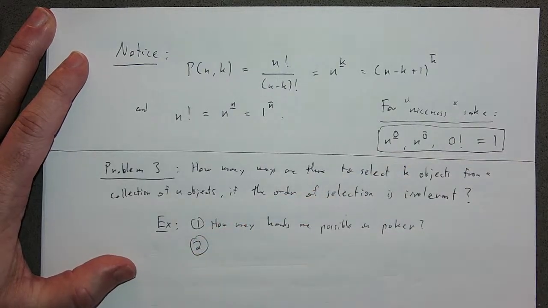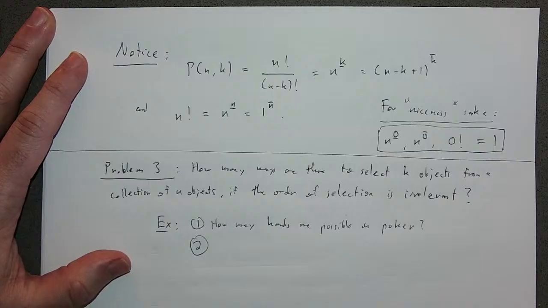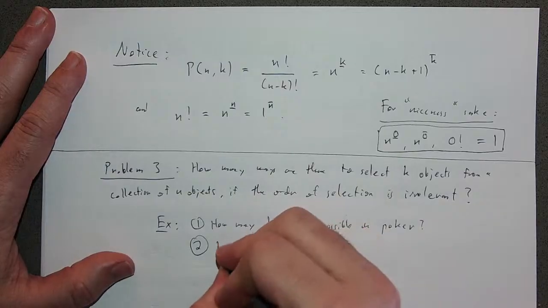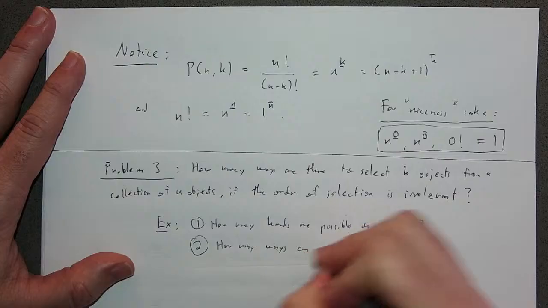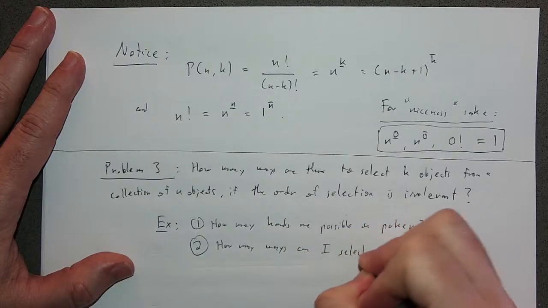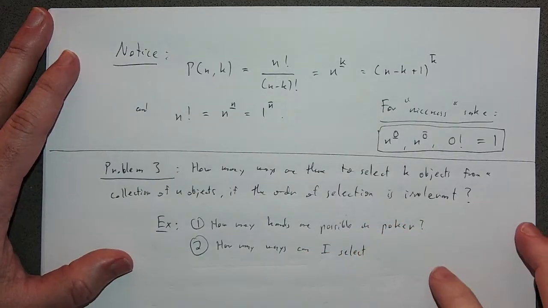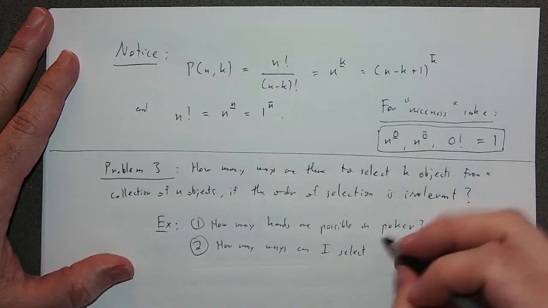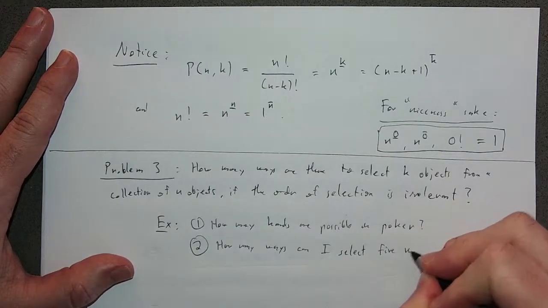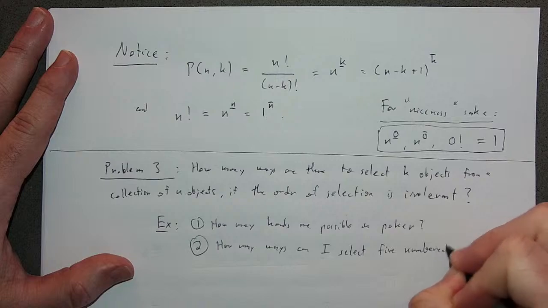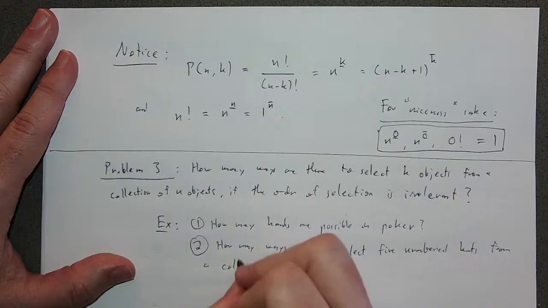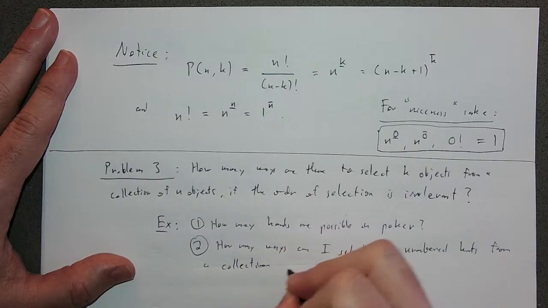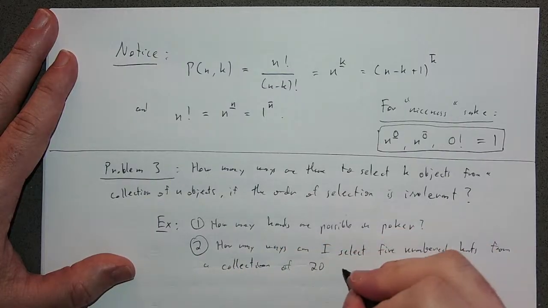Second is, say, how many ways can I select, say, 5 numbered hats from a collection of, say, 20 such hats.